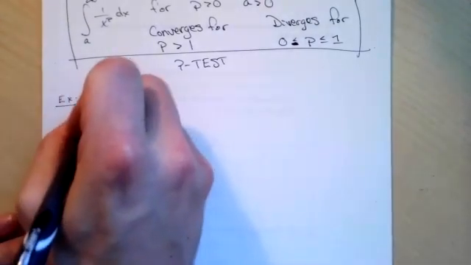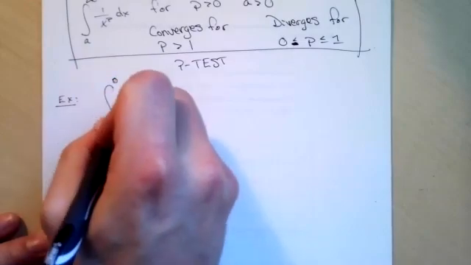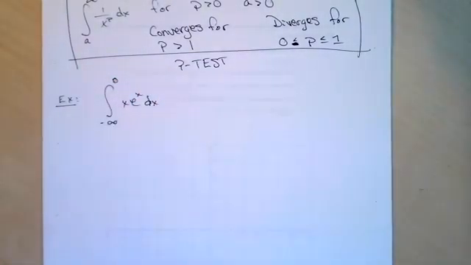Let's say we have something like an integral from minus infinity to 0 of x e to the x. First thing, why is this improper? As we can imagine, integrals to minus infinity are the same thing as integrals to infinity, just flipped over the y-axis. So of course, negative infinity is treated very similar to positive infinity.